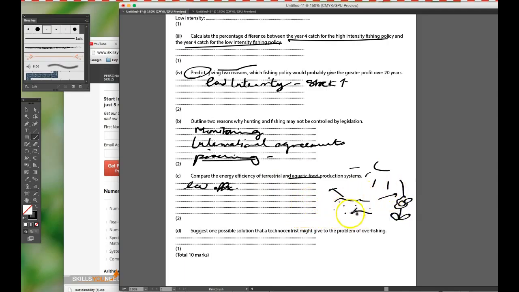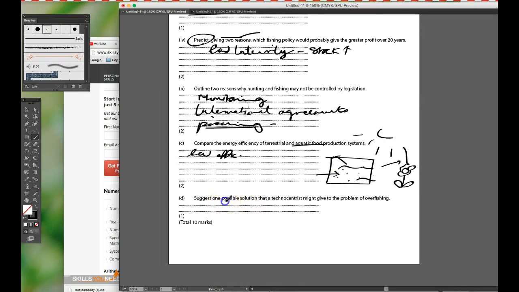So we've got lower efficiency in aquatic, but then we've got higher efficiency further up the food chain in aquatic, because there's no need to waste energy on skeletal support, on temperature regulation. The water helps with all of that.